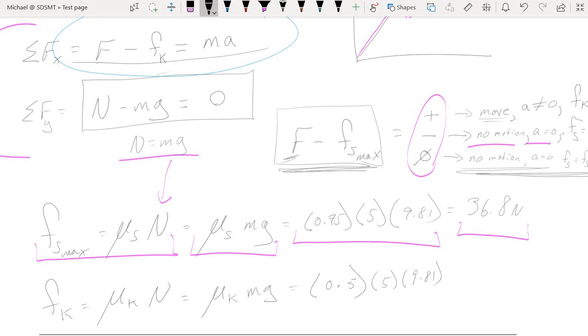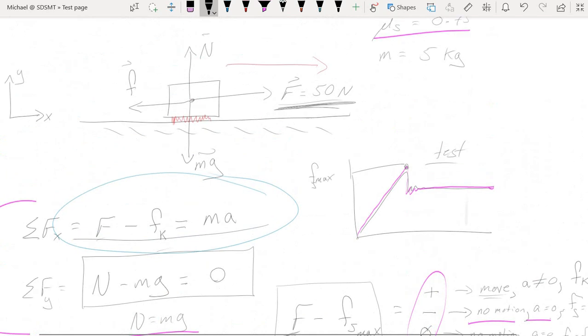We have 9.8 times 0.5 times 5. And I am getting 24.5 newtons. That is our kinetic friction force.